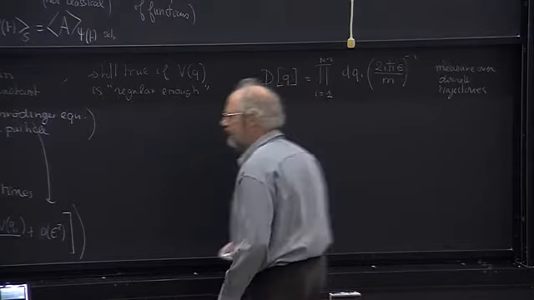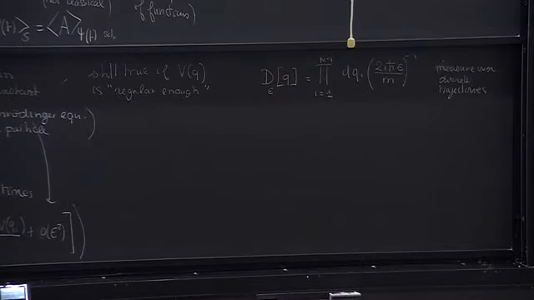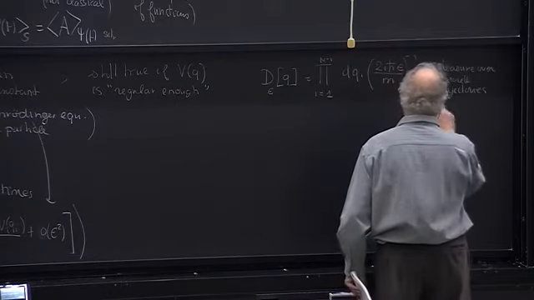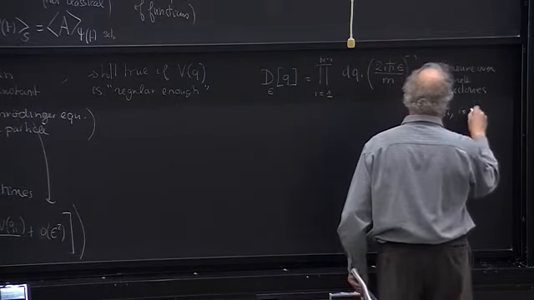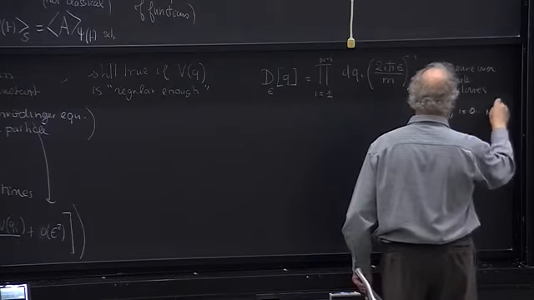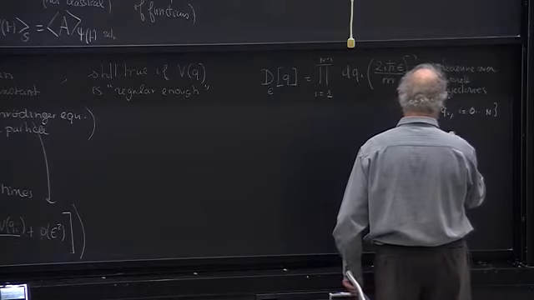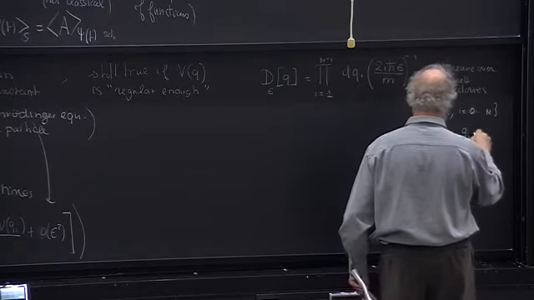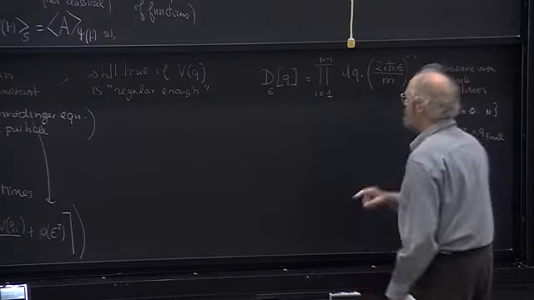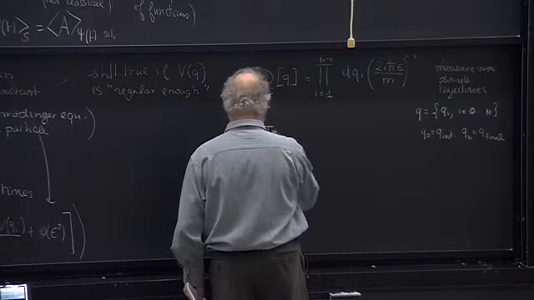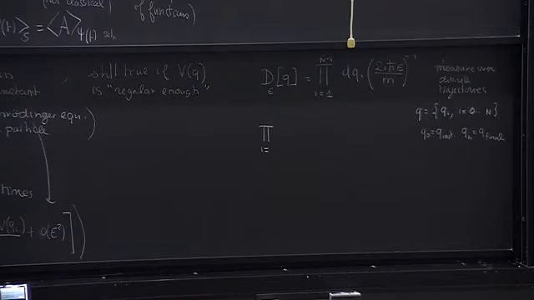So a discrete trajectory is just a set of q_i's. So a discrete trajectory q is just a set of q_i from i equals 0 to n, with the constraint that q_0 is q initial and q_n is q final. Okay, so you don't integrate over q initial and q final because they are fixed. And the product of exponentials, the products now run over intervals.